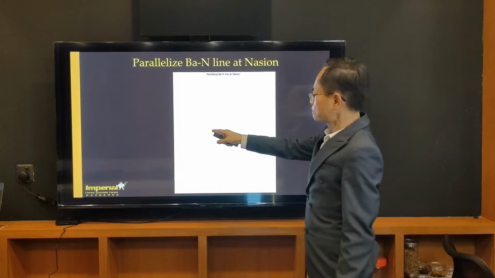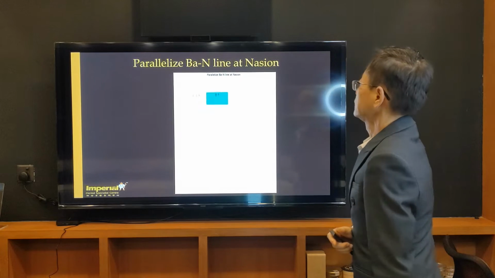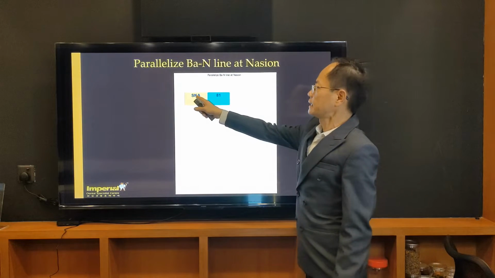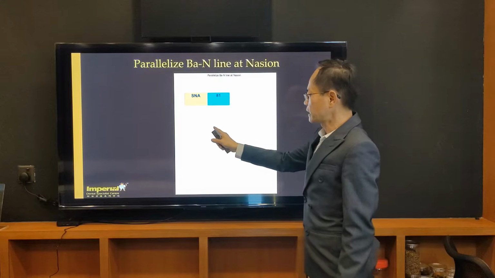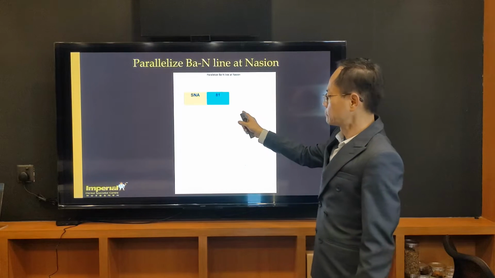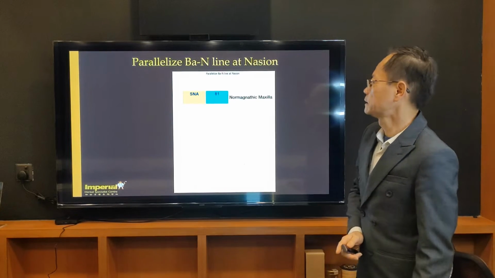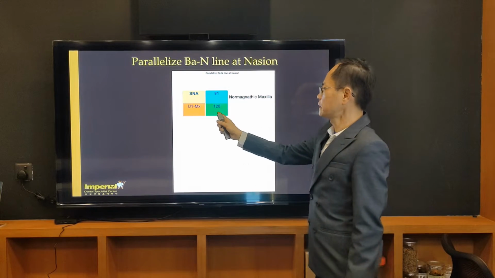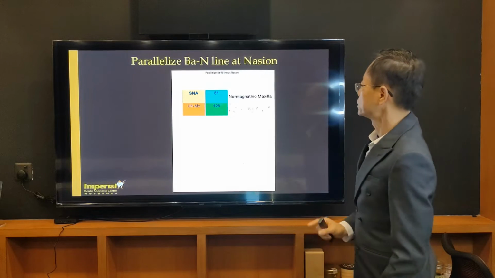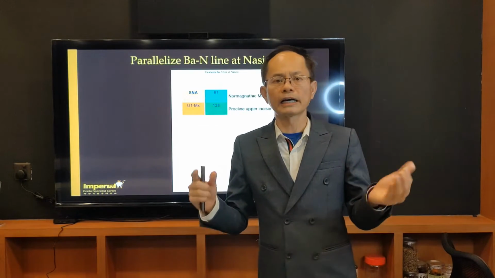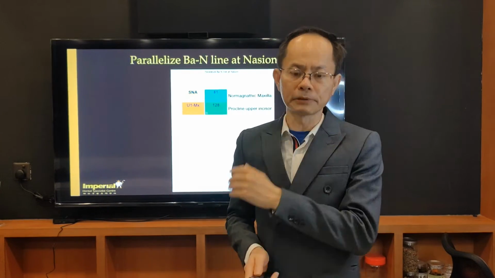So we check the upper jaw relationship. The SNA means the upper jaw with respect to the cranial base, the brain. It is 81, which is a normal maxilla. However, the upper teeth is 128, which is proclined, meaning there are protruding upper teeth.